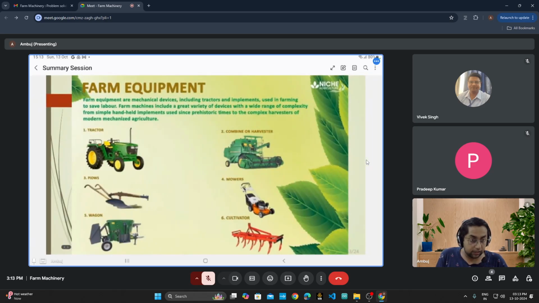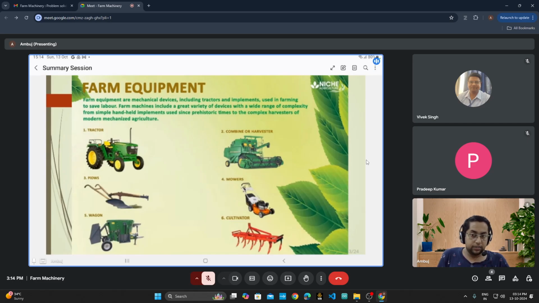Moving forward, in a few of my upcoming slides, for your visualization and better clarity regarding various types of farm equipment, I'll show you the pictorial representation or pictures. Please do carefully see them and notice the various parts inside an equipment.